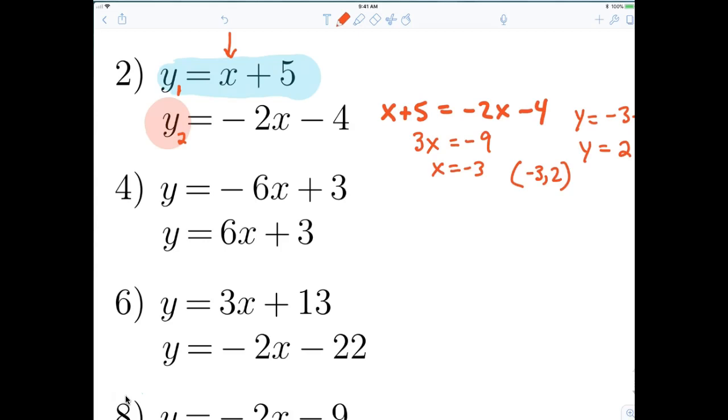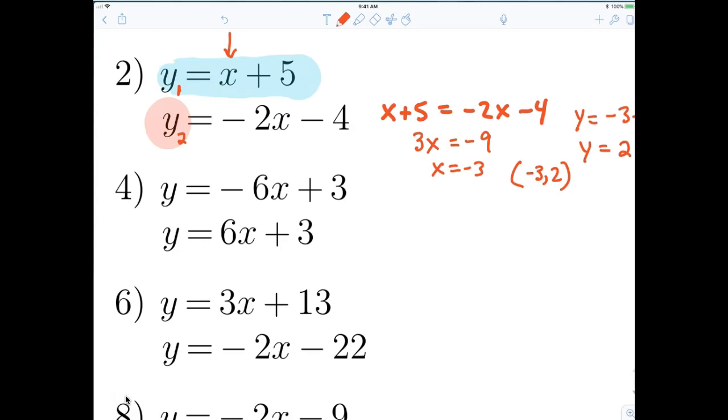It's on your paper, right up there on the board also. Under y1, you're typing in x plus 5. Under y2, you're typing in negative 2x minus 4. Then you hit graph. After you graph, you go to second, calc, 5, enter, enter, enter.